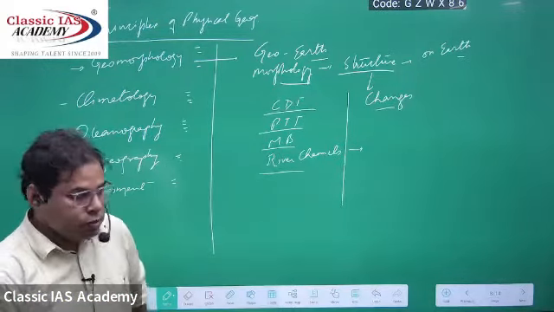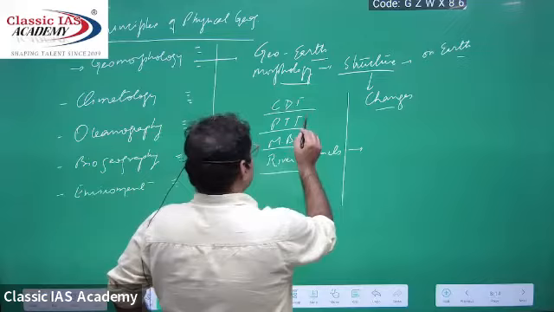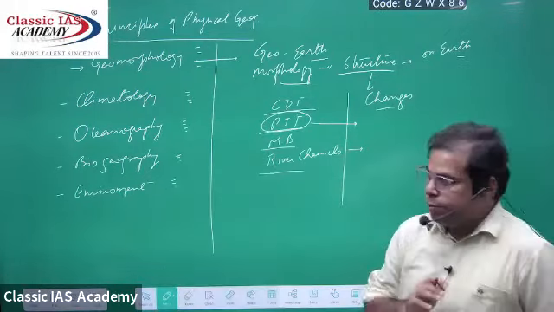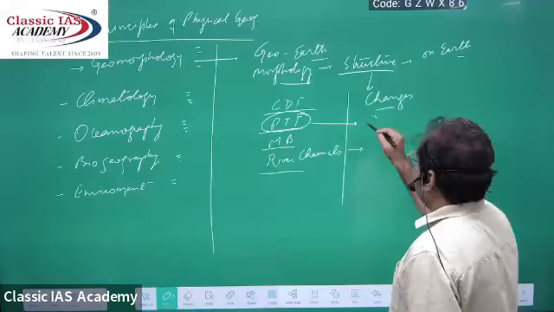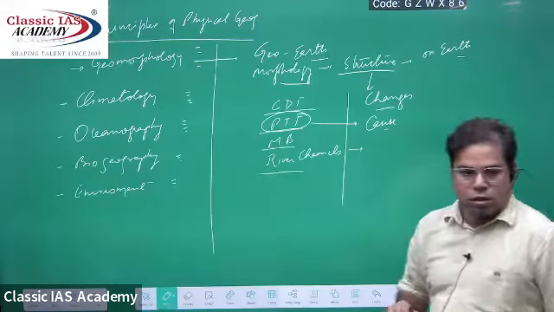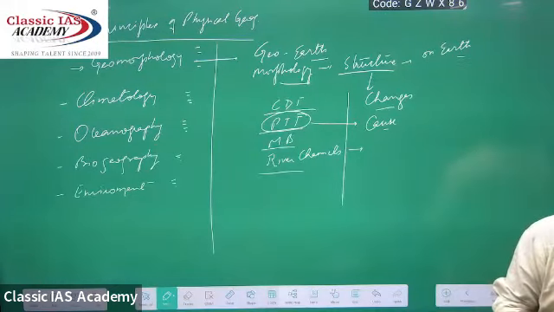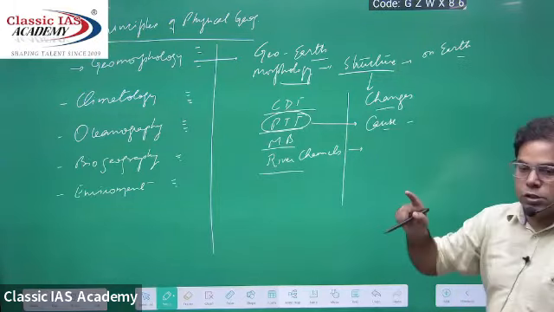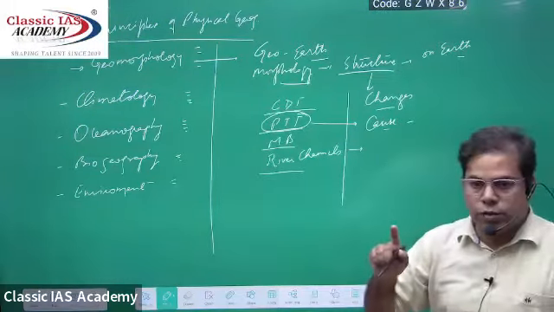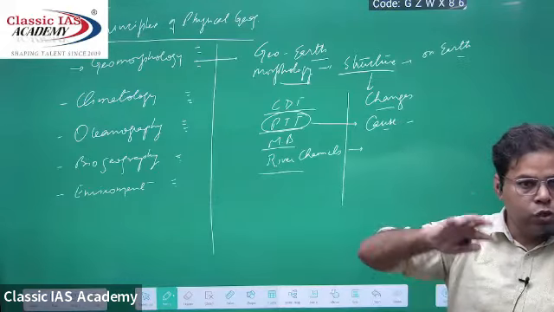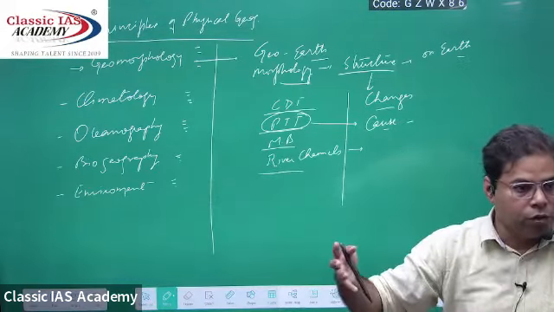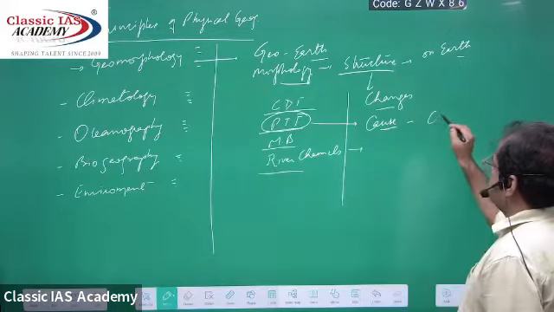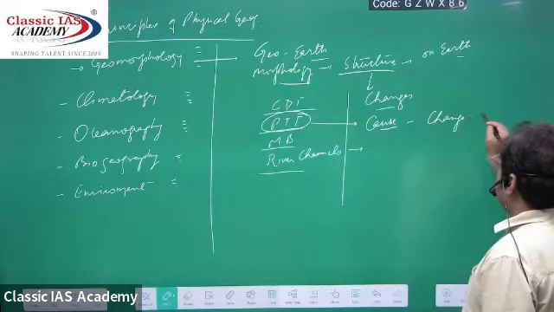Are you getting it? See, if a plate is moving, you must have heard this word, movement of plate. If the plate is moving, there is a certain cause, a certain factor responsible for the movement of plate. And this plate movement has been responsible for the formation of typical topography or landform or landscape. So this cause is responsible for some change or effect.